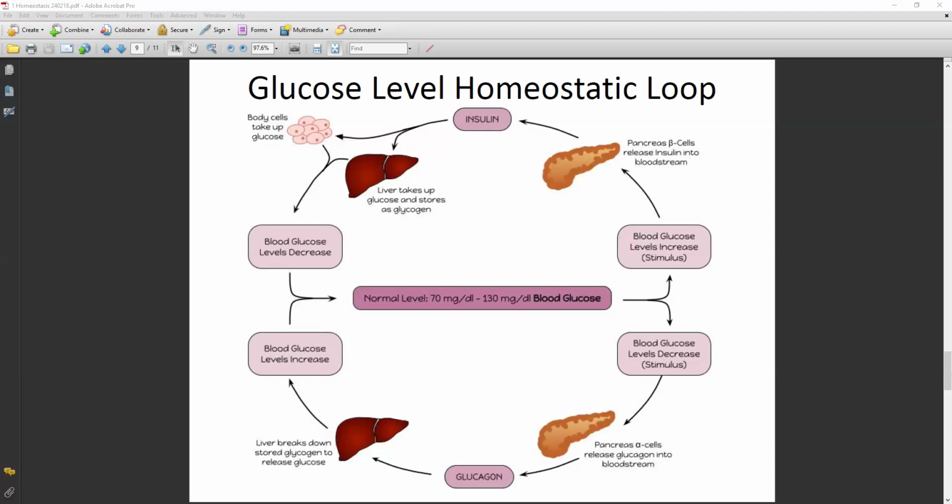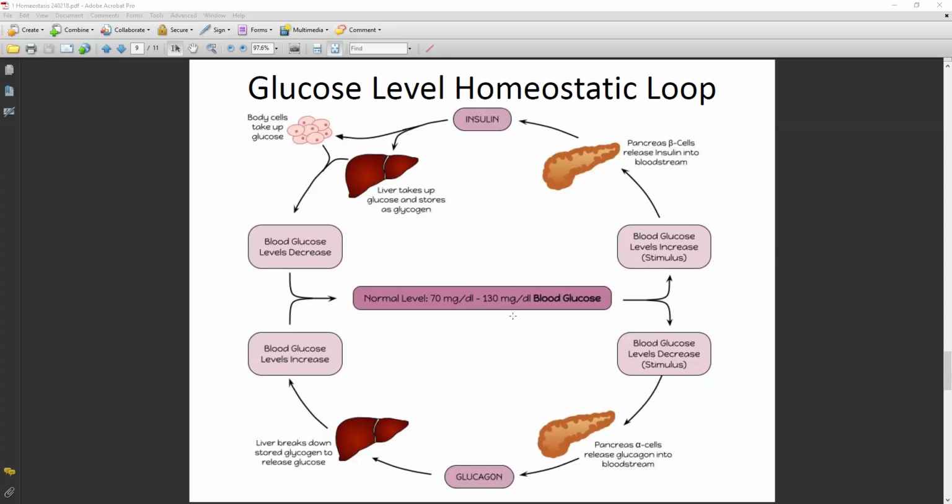If it's too high, you decrease it. So let's look at this homeostatic loop. For blood glucose, we will have two different pathways to deal with either increased or decreased blood glucose level. Let's do increase first because this is more common.